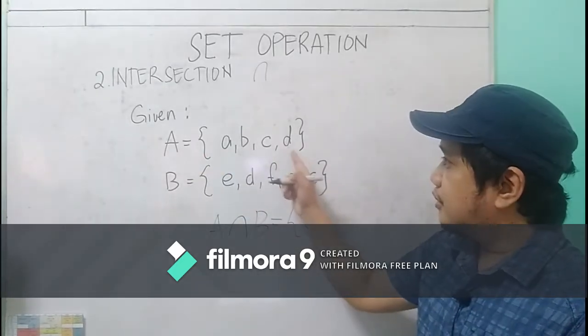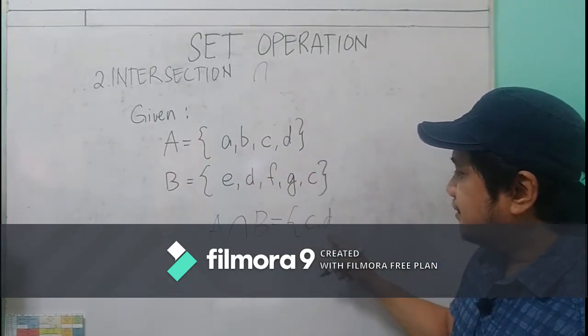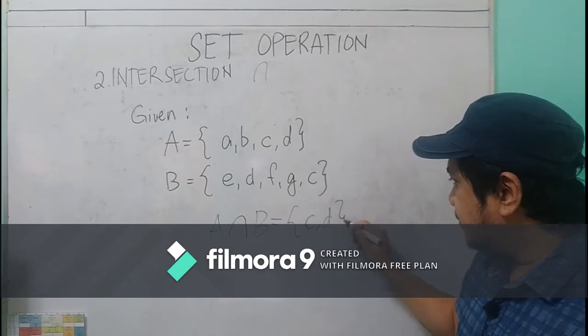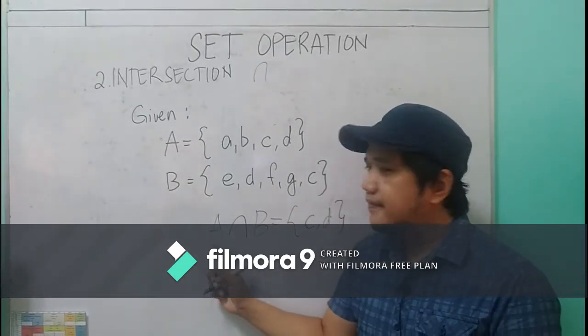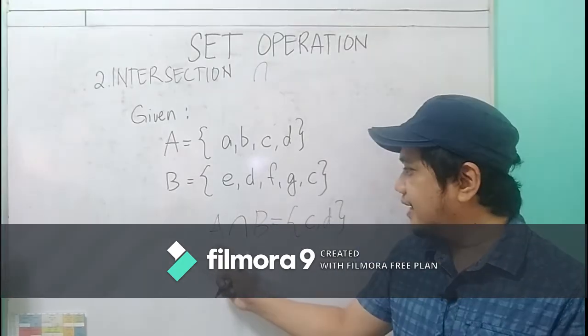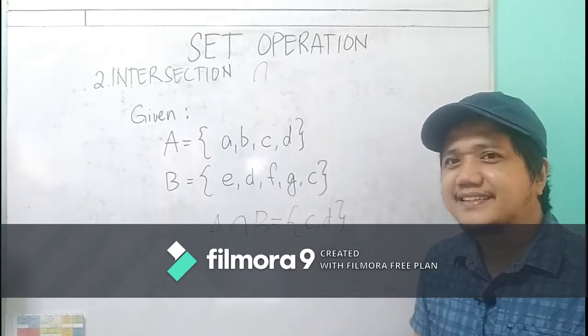Another element that is common in A and B is D. So have a comma and write D and enclose it with the close brace. So we have the intersection of A and B, that is the elements C and D.